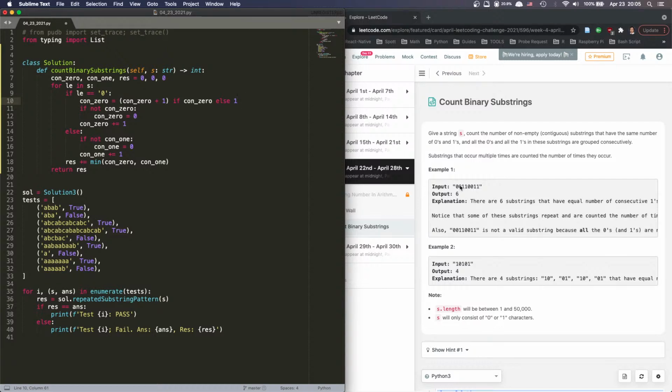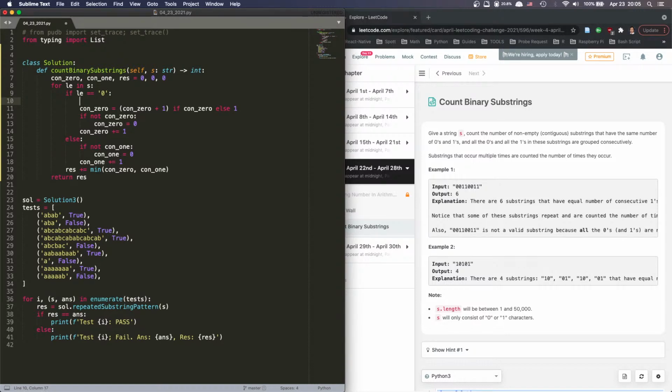So like consecutive 0 is 2, and 1 is also 2, and 0 again, and if it comes to 0 again, we're going to check the previous one. That's the signal of recount. So if it's 0, we need to have i, so enumerate S, right?